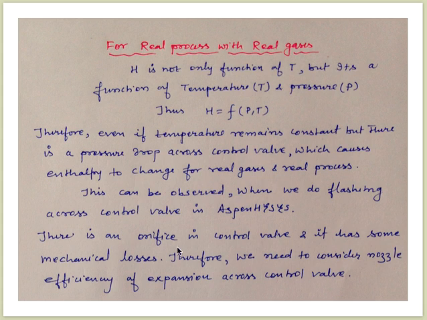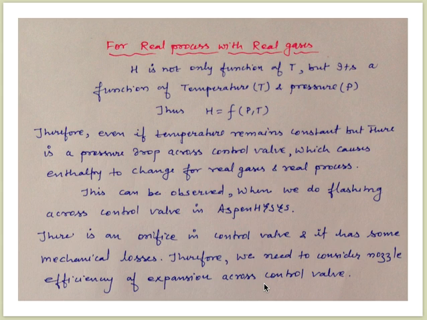There is an orifice in a control valve, and it has some mechanical losses, therefore we need to consider the nozzle efficiency of expansion across the control valve. What is happening when we throttle steam by dropping the pressure across the control valve is similar to a steam turbine, where the inlet pressure is high and the outlet pressure is low.